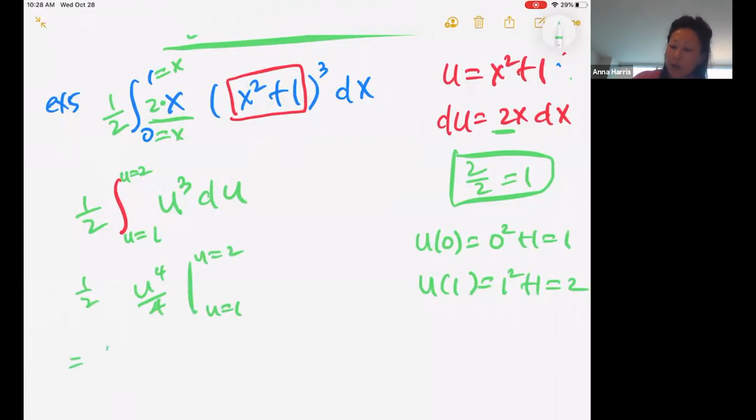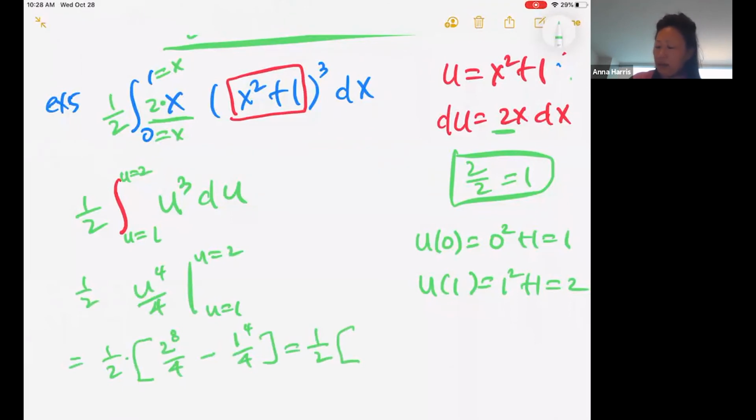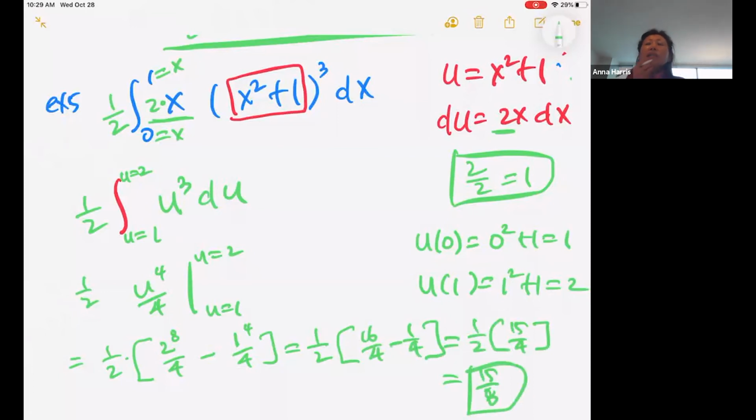So you get 1/2 times 2 to the 4 over 4 minus 1 to the 4 over 4, which gives you 16 over 4 minus 1/4, which gives you 1/2 times 15 over 4, which is the same as 15 over 8. So that's what you get. Changing the variable is what they're talking about.